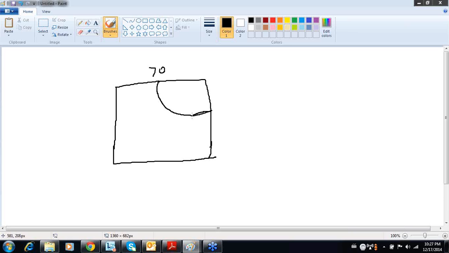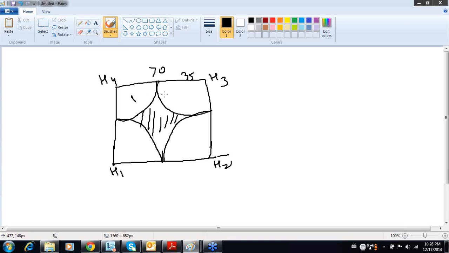Now one horse H1 is here, H2 is here, H3 is here, H4 is here. So what they are asking is, what is this area? That is what the question is. So this will be 35. So the area of 1 plus 2 plus 3 plus 4 will be the area of 4 sectors.